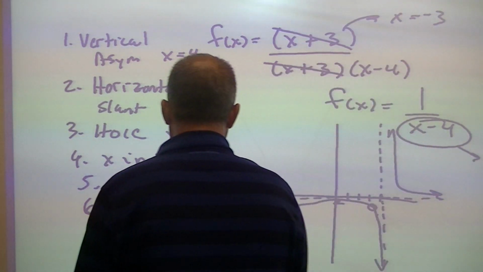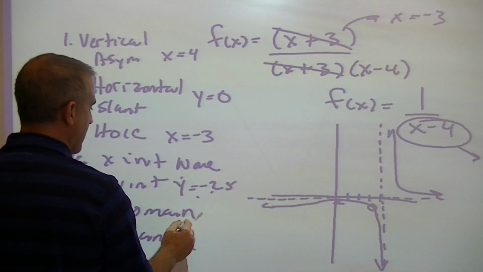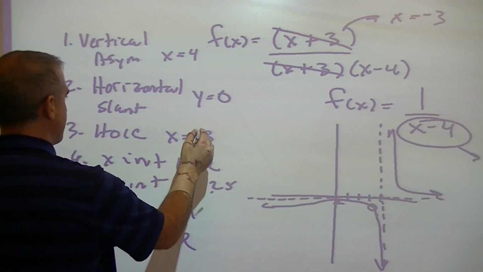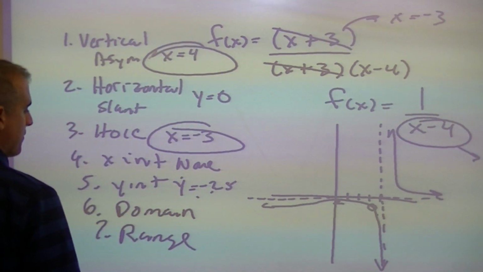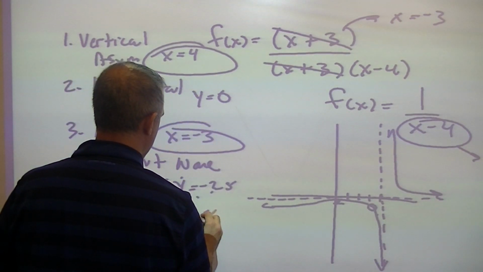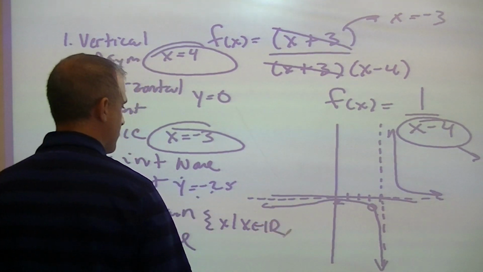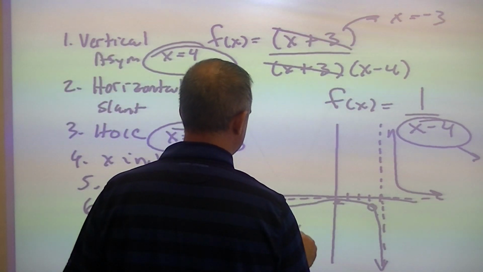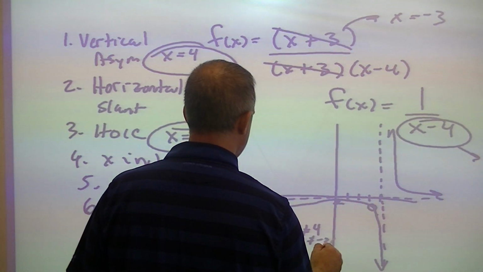The domain would be everything except the following things: the hole and the asymptote. There's a couple different ways you could write that. You could say x is an element of all real numbers, except x can't be 4, x can't be -3.